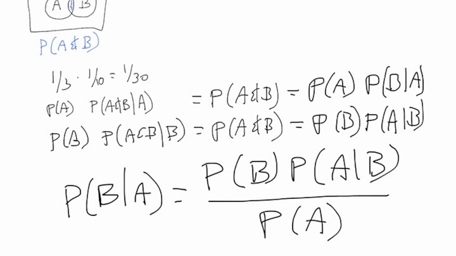The other place that all of this comes into play is in quite a lot of later statistics when we're using, instead of A and B, the data that we've got and then some inferences we're trying to make about the hidden parameters of the hidden world. So we'll be trying to go from the likelihood of the data given the parameters to something where we're interested in the likelihood of parameters given the data.